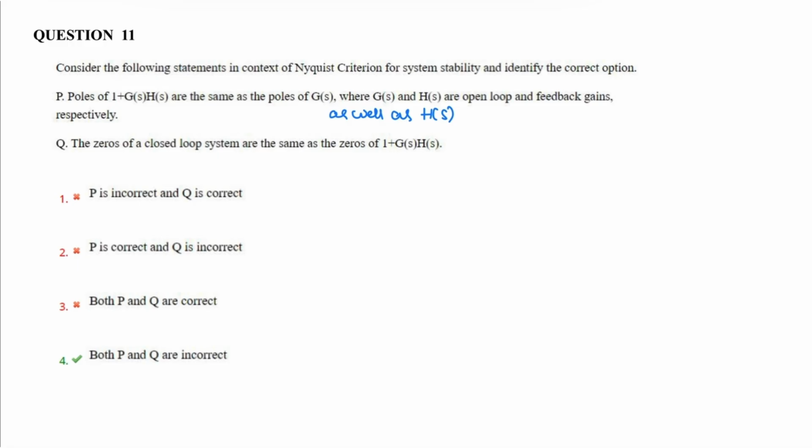So we know that the poles of a closed loop transfer function are the values of s that make the denominator of the transfer function 0. Let us assume the transfer function is G(s) by 1 plus G(s)H(s). The poles of the closed loop system are the values of s that make the denominator 0, that is 1 plus G(s)H(s) = 0.